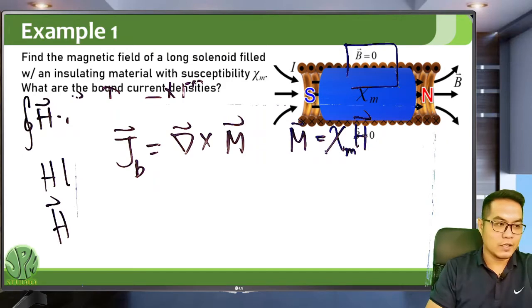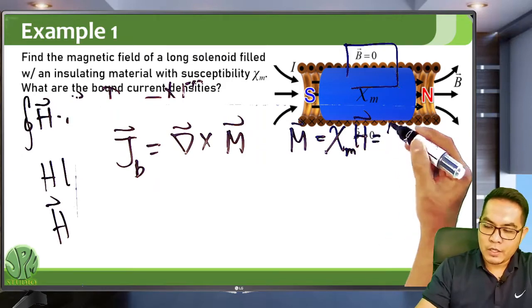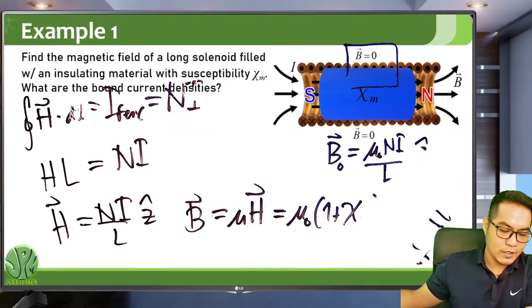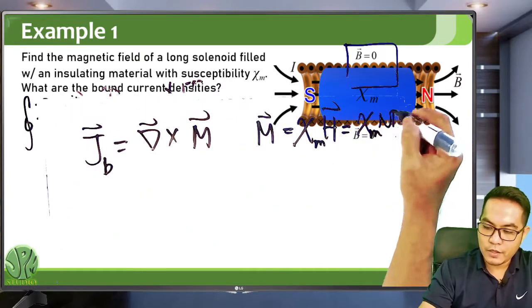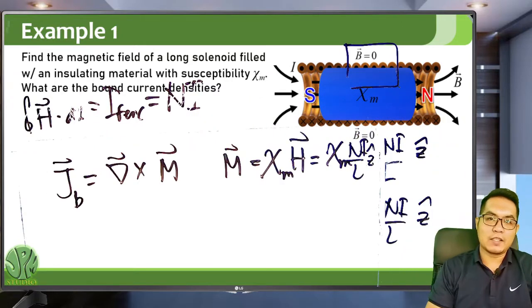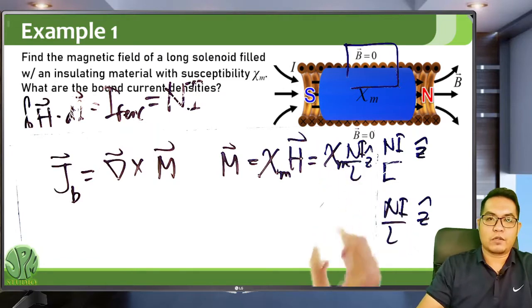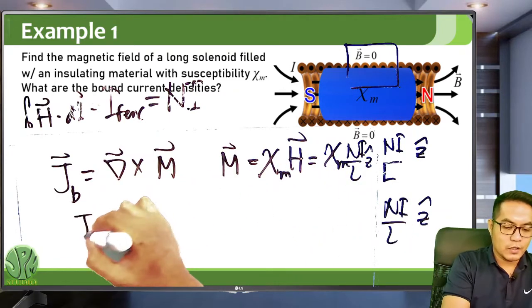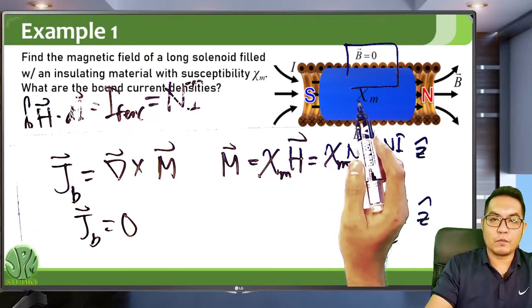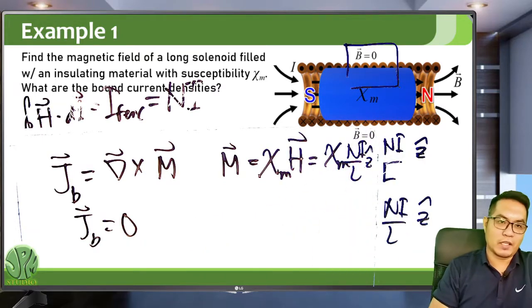So you will have the susceptibility, and the auxiliary field is Ni over L Z hat. So it's in the same direction as the magnetic field. So this is our magnetization. We take the curl of that, but you will notice that all of these are constant. Therefore, there will be no volume bound currents in our insulating material.